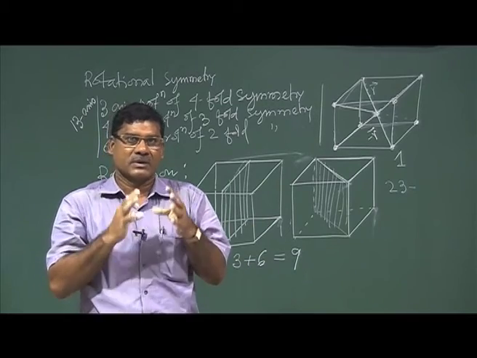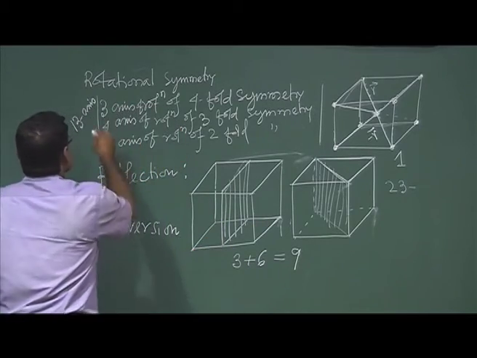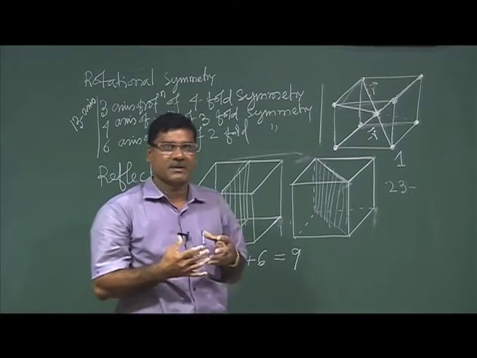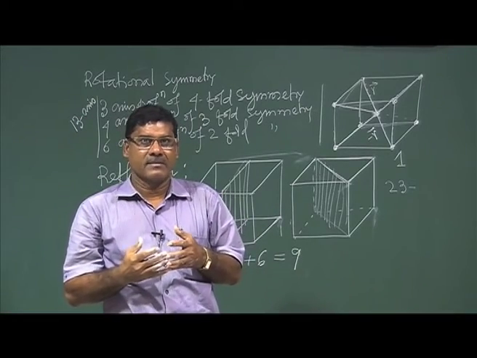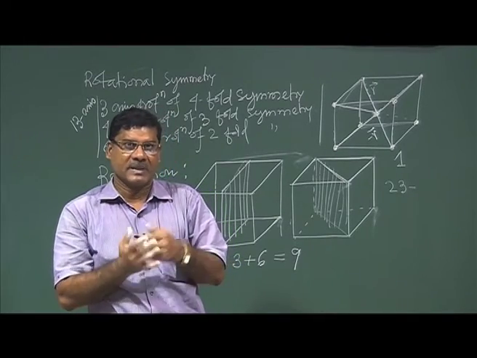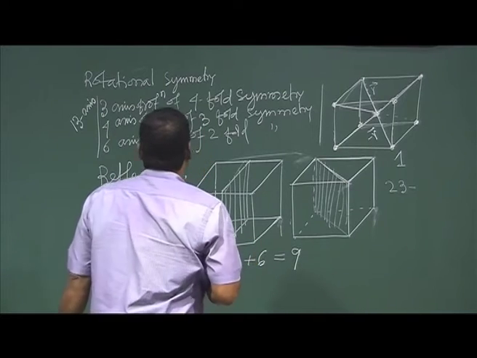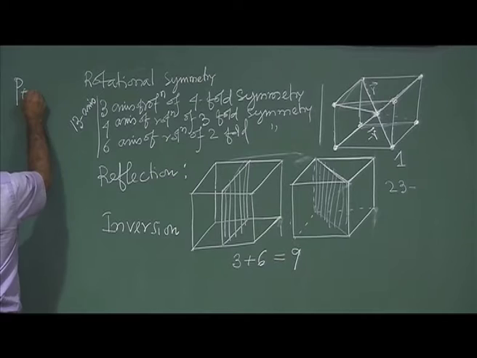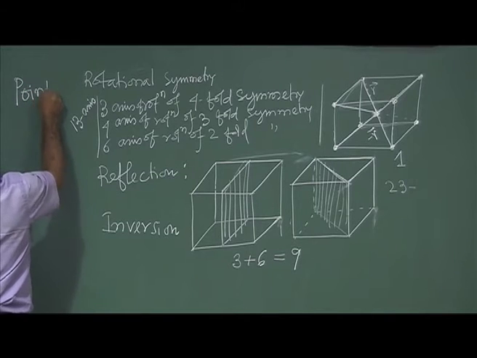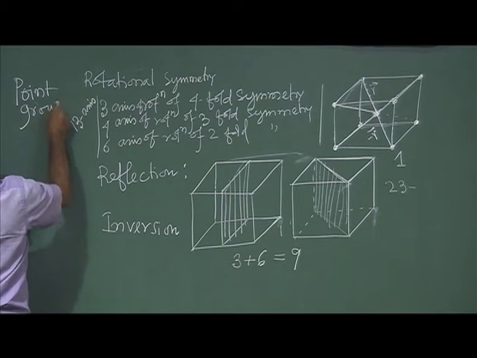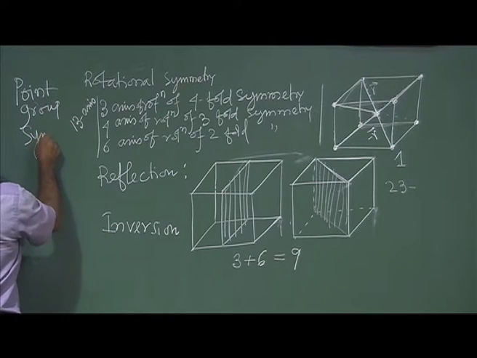Okay. So, these three together, rotational, reflection and inversion symmetry, and their combinations, are called basically point group symmetry of the crystal.